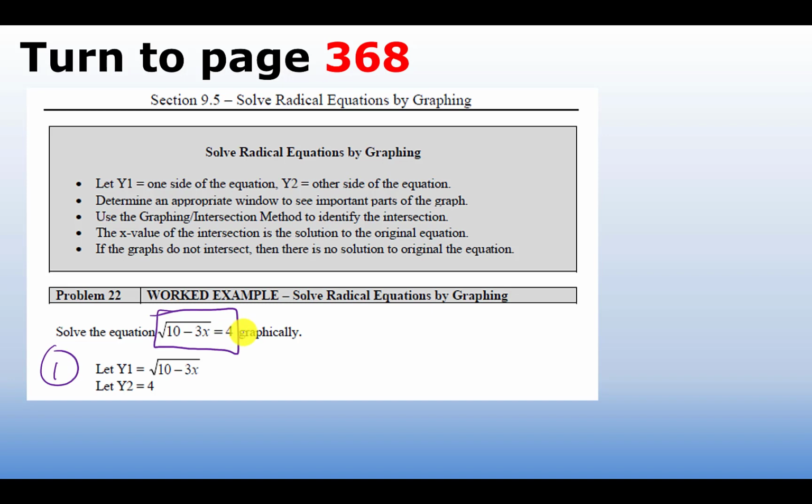So you take the original equation and break it into 2 graphs: the graph of the left side and the graph of the right side. And we're looking for an intersection point. The second step is for you to sketch a graph for me, but we're going to let the calculator do the graph. So let's pull it up.